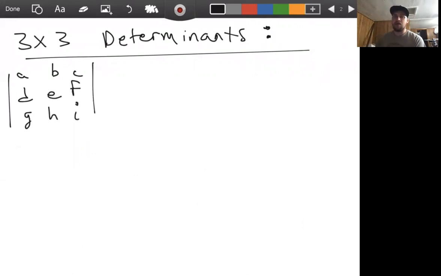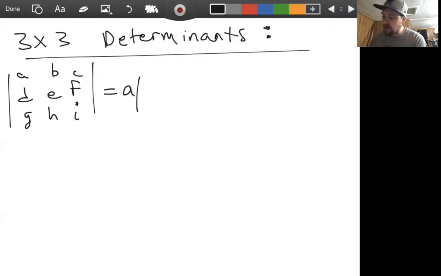Let's go down the alphabet here. A 3 by 3 determinant is calculated as follows. First, I'll just write the formula and then give some intuition behind it.